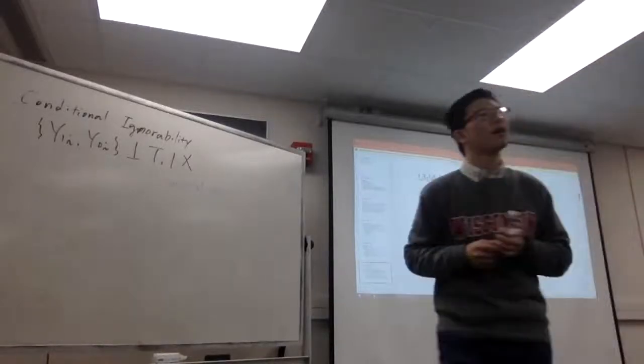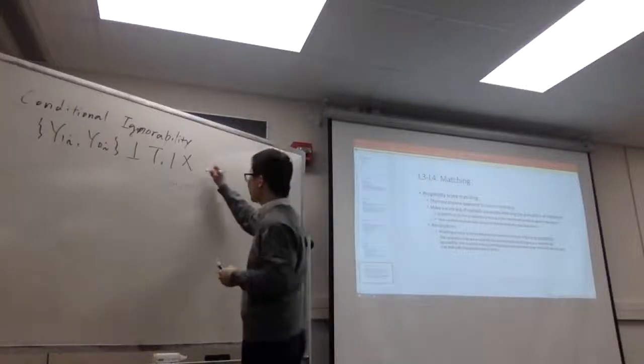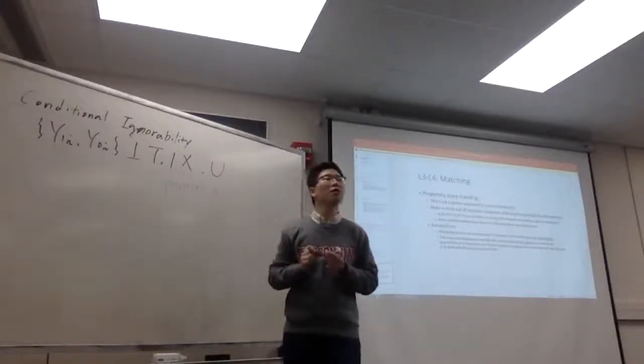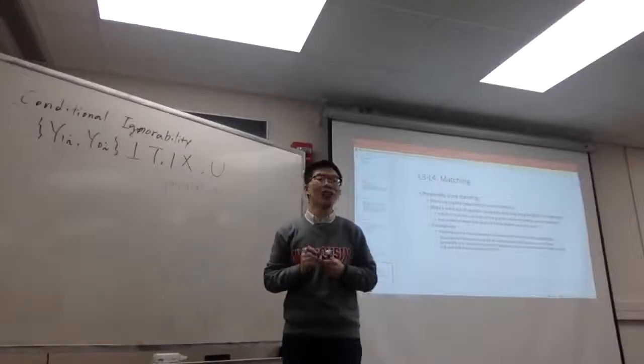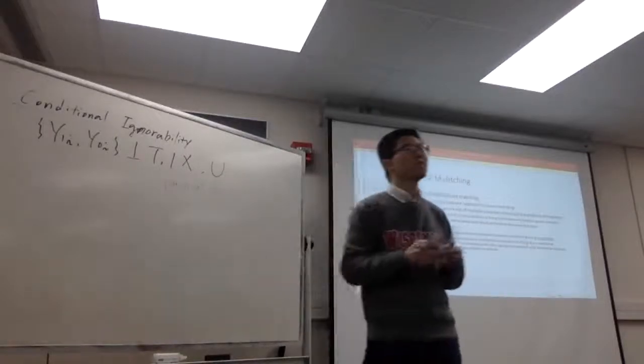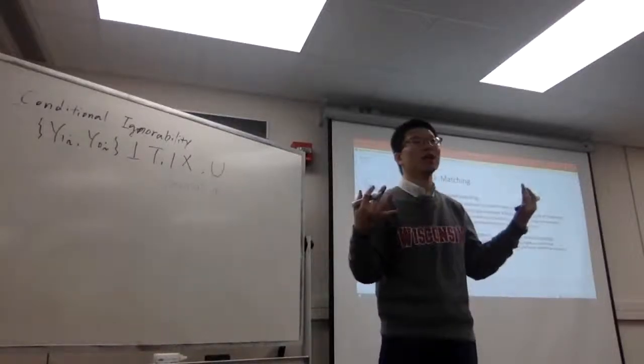But what if we have an unobserved variable that is not really in the data, such as parental aspiration, which is not really the same as parental income, right?